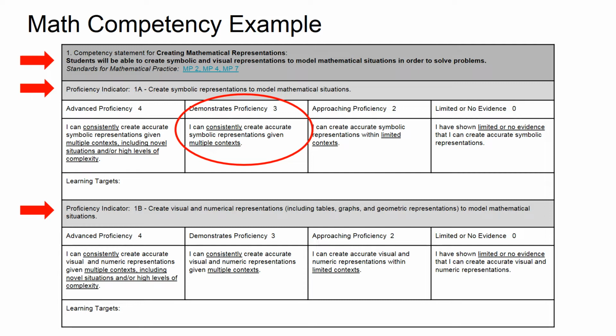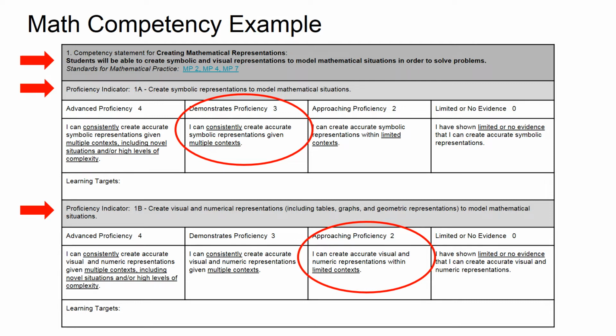A student who approaches proficiency for Performance Indicator 1B can consistently create accurate visual and numerical representations within limited contexts. The student in this case would earn a score of 2. These ratings are based on the language of the rubric and a holistic judgment of multiple problems and/or questions on the assessment that are aligned to these specific performance indicators.